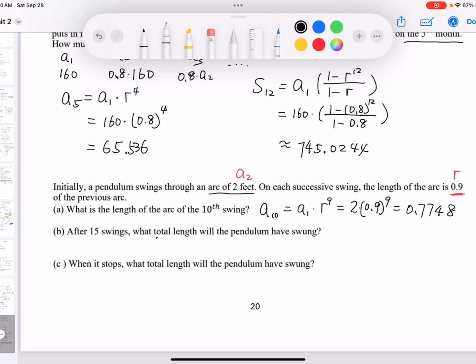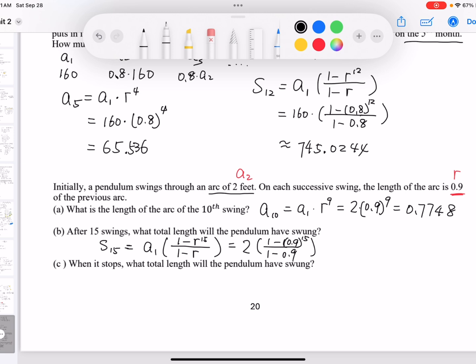Number B, after 15 swings, what total length will the pendulum have swung? Total length, that means S sub 15. S sub 15 is equal to A sub 1 multiplied by, on the top is 1 minus r to the 15, all divided by 1 minus r. Plug in the a sub 1, 2 feet. Inside we have 1 minus 0.9 to the 15th power, all divided by 1 minus 0.9.